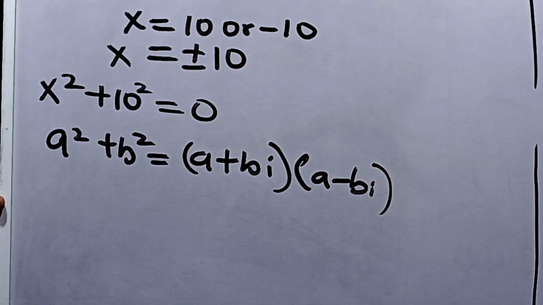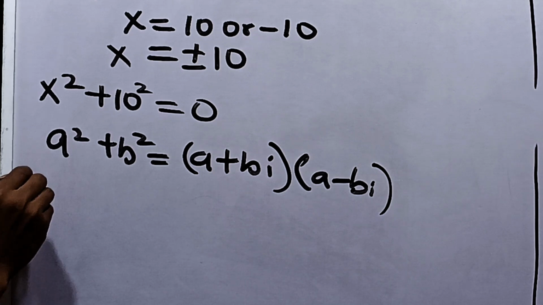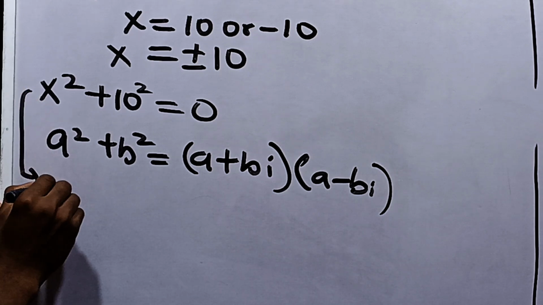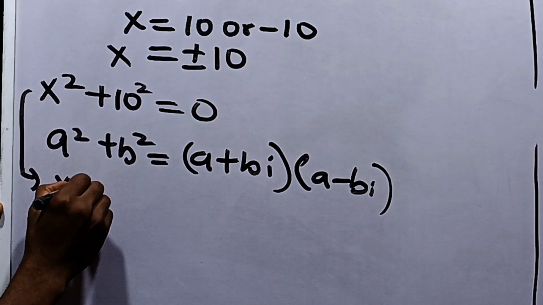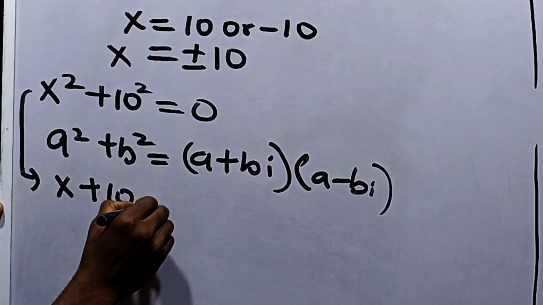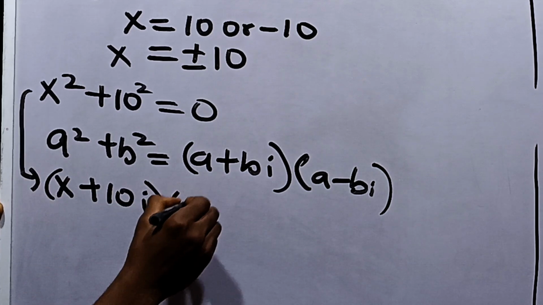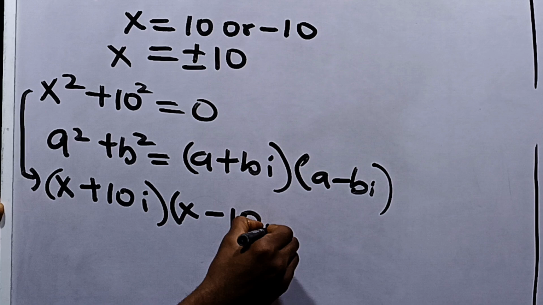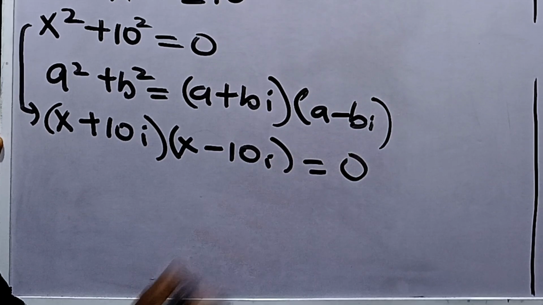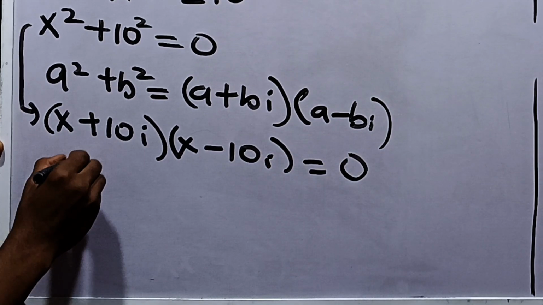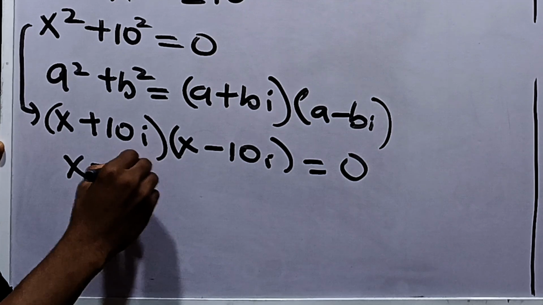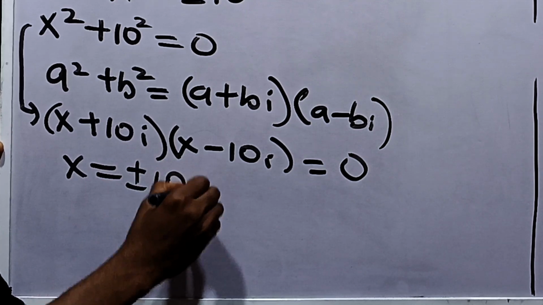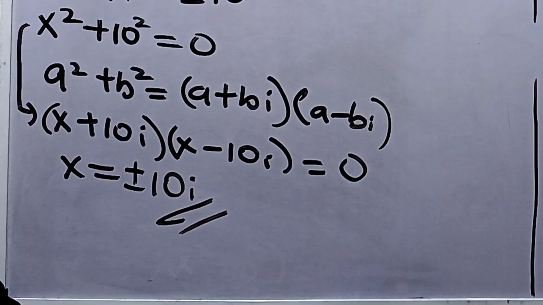Okay, so applying the same law here, we're going to have that this becomes x plus 10i multiplied by x minus 10i to be equal to 0. Okay, from here we now have that our x will be equal to plus or minus 10i. Right, so these are the answers for x in this question.